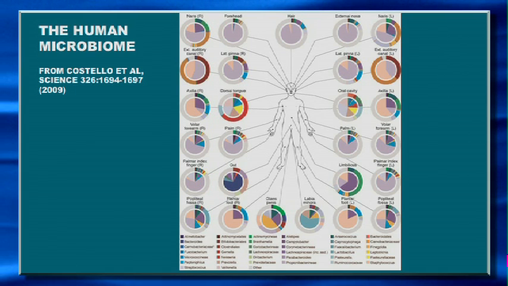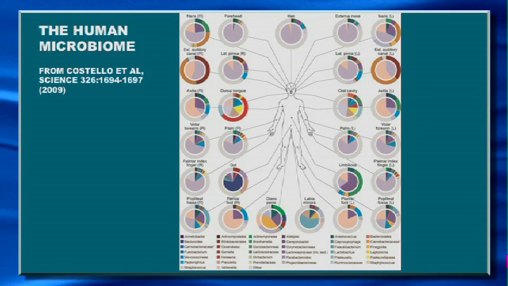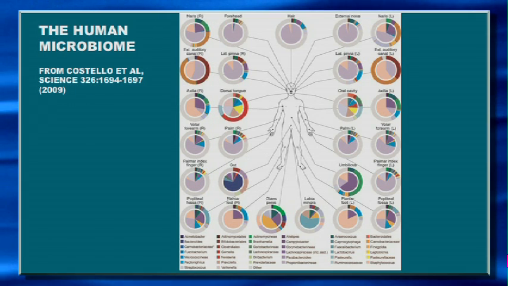You might well have heard about the Human Microbiome Project. This is a project which is designed to work out how many different types of microorganisms are associated with our bodies. So they are taking samples of various locations throughout the body and then using molecular biology techniques to work out what is the diversity of microbes associated with that site.